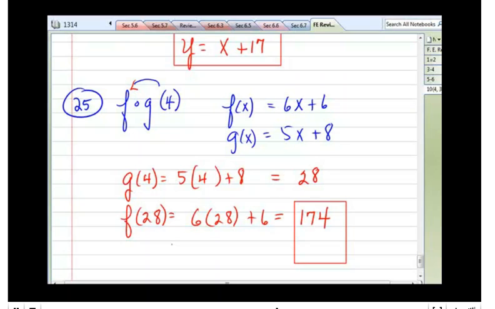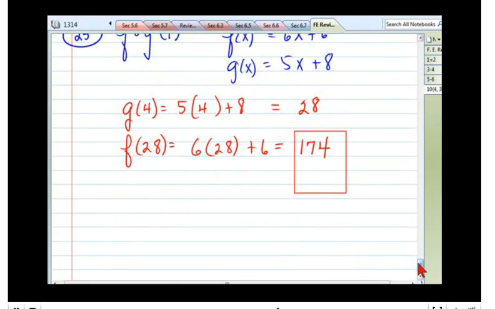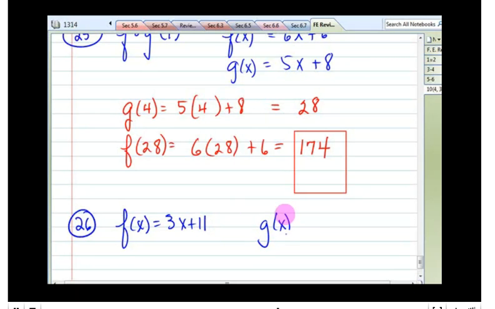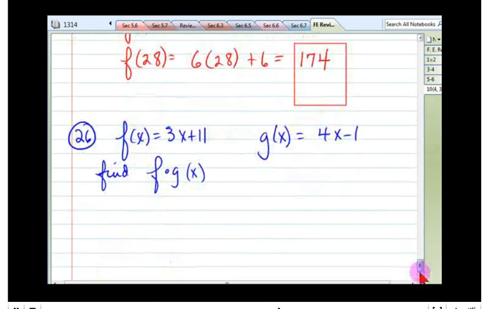All right. Now we've got to find just the function composition. 26. If f of x is 3x plus 11 and g of x is 4x minus 1, and we're supposed to find f of g of x.